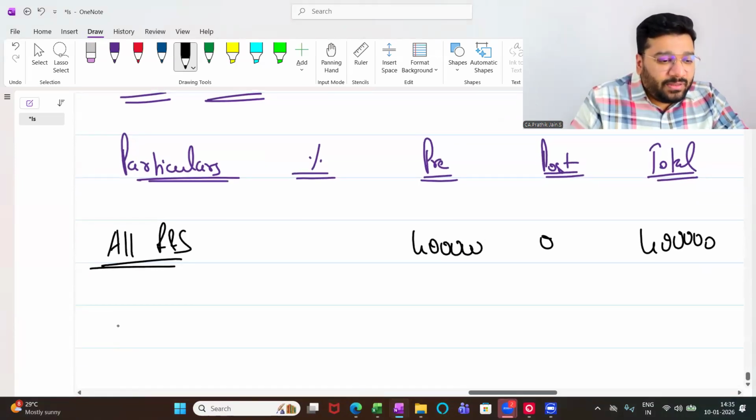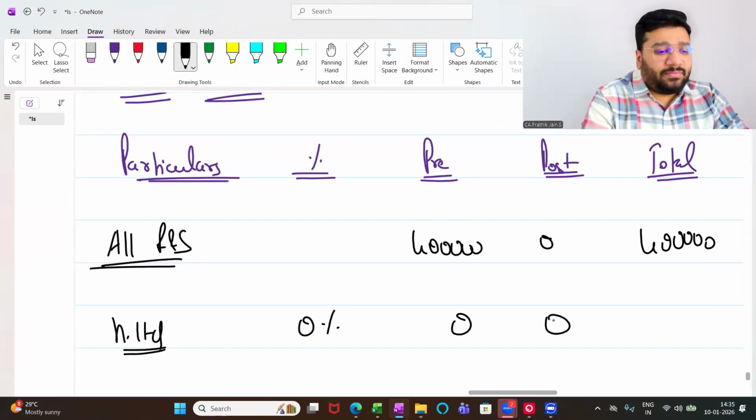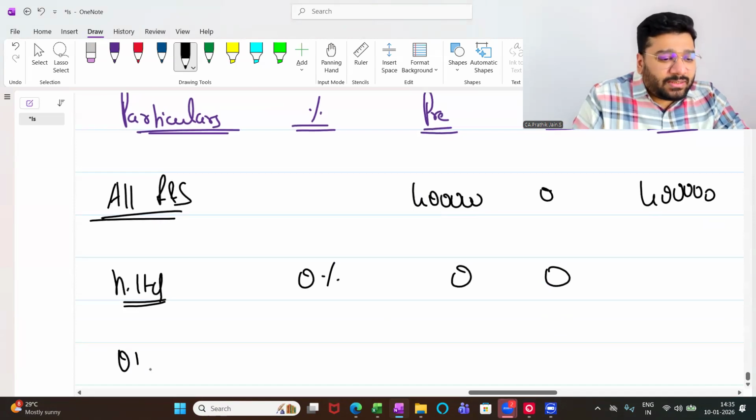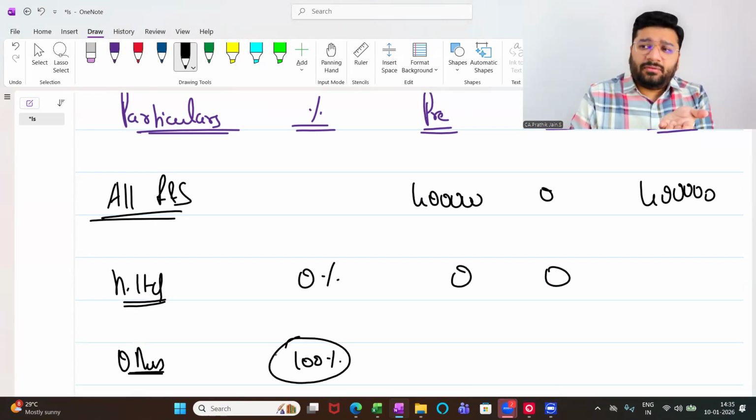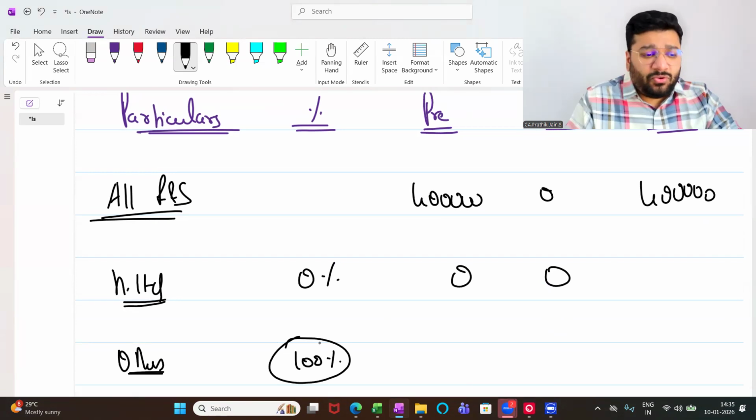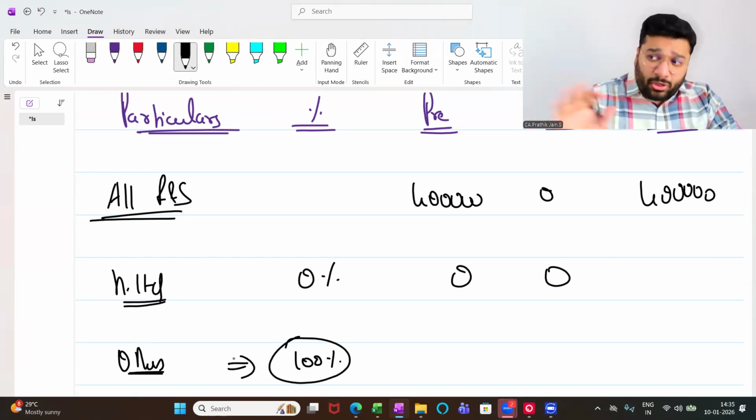Next. H Limited, 0%. Others, minority, 100%. This is the majority. So even though they have 100% share, you're telling no control. No control with them. Yes.